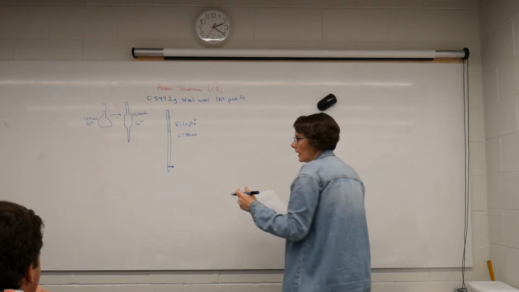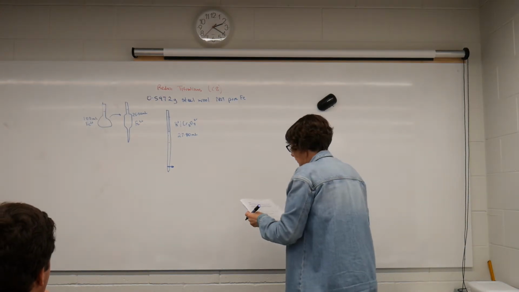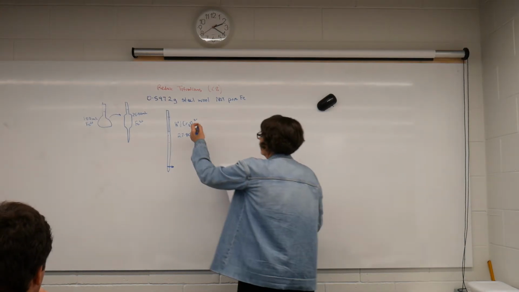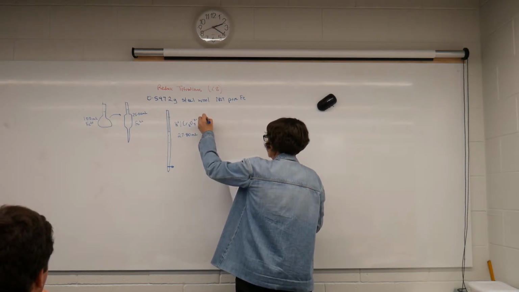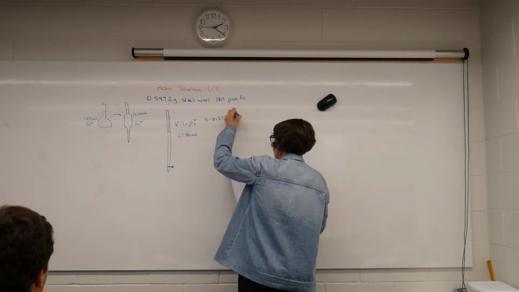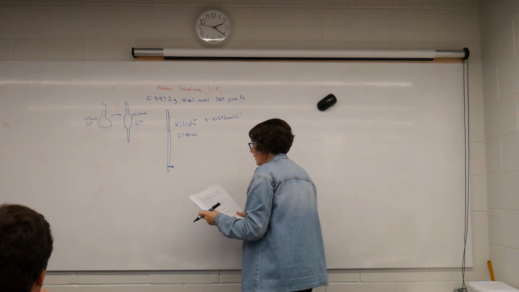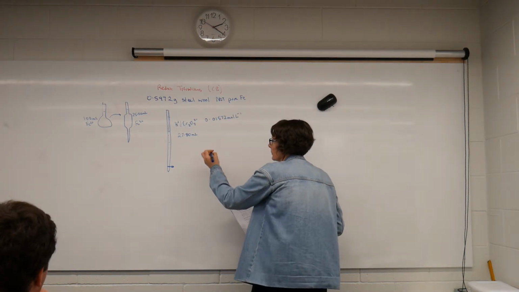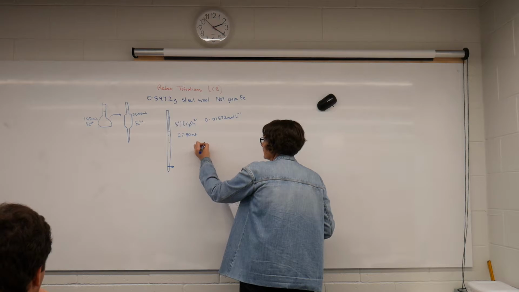Right, so our calculations have to go through the acidified dichromate. We know that this has a concentration of 0.01572. So we are going to determine the moles.